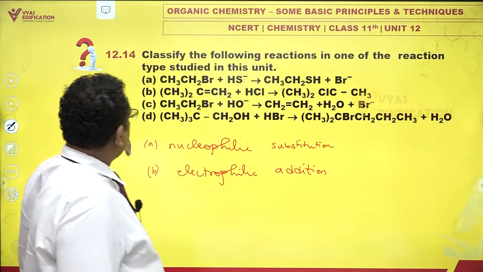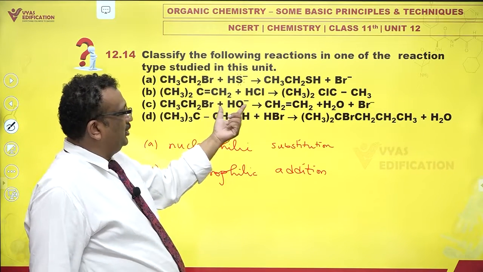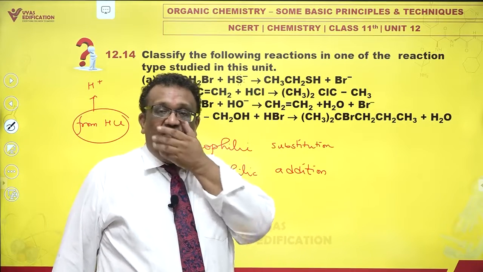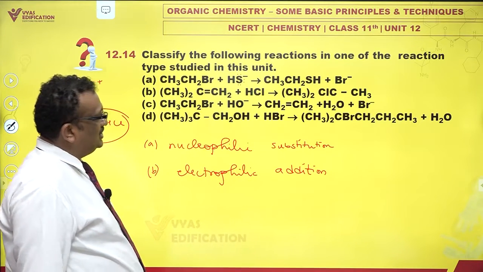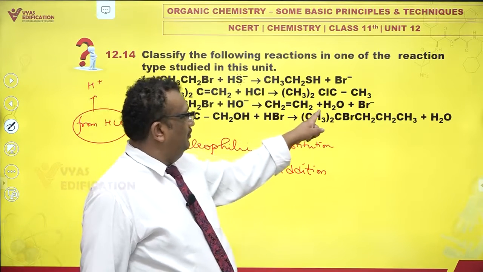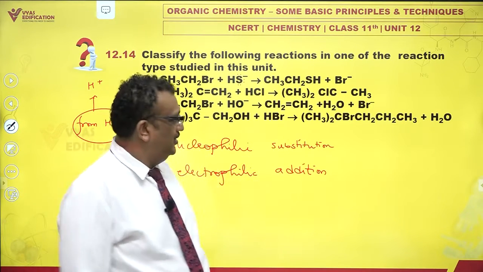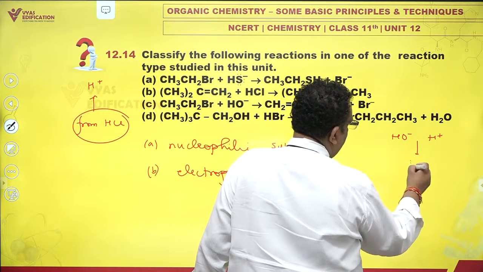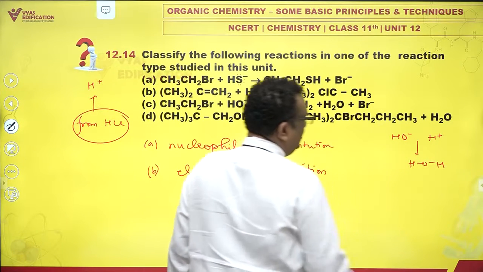C part. Two molecules are giving you, well, three molecules. What is this? If you just care to note, OH minus has become HOH. HO minus and H plus will give you HOH.